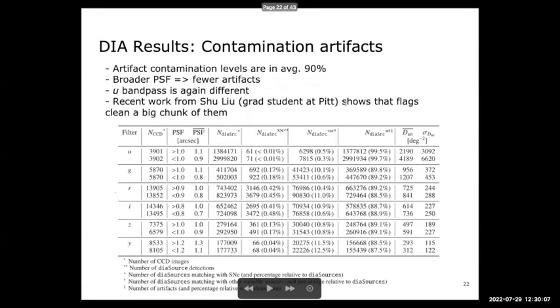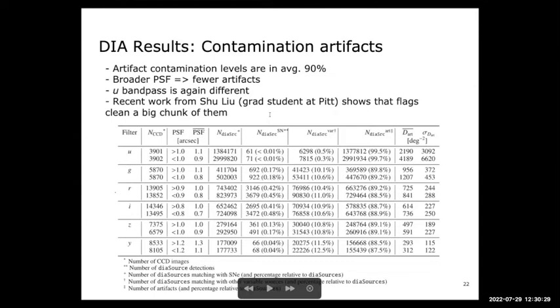So, in the simulations, we also have a lot of artifacts. We can quantify the fraction of them. I'm not expecting you to read this table, but we have also quantified the density in the sky of artifacts. Again, the U band pass is slightly worse.